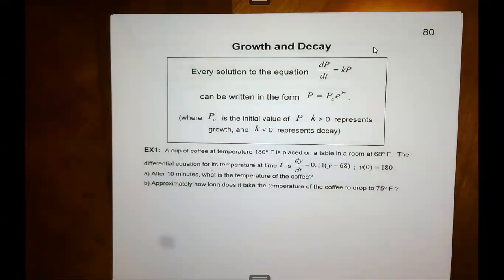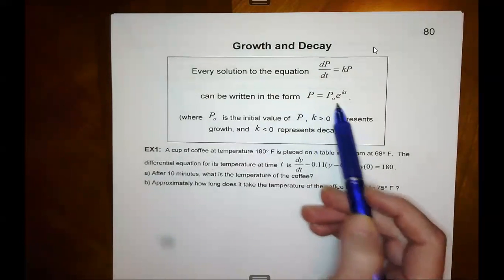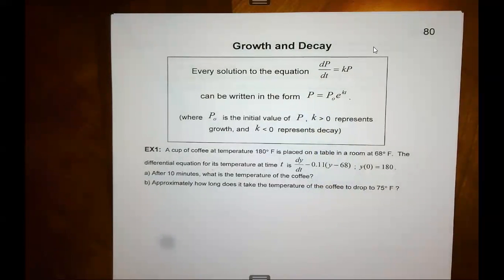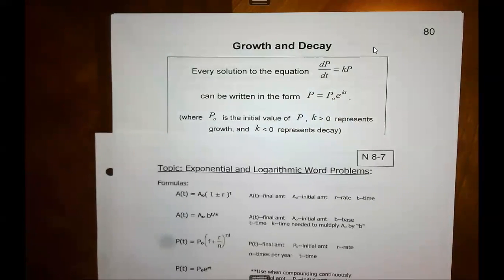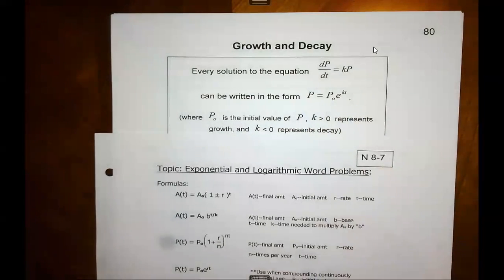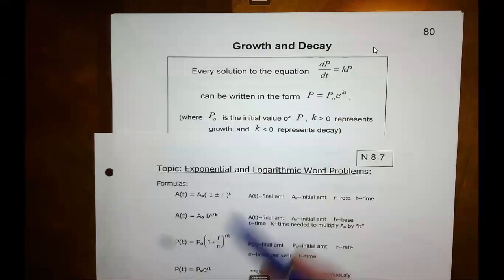So that same formula that we end up with is a formula that you guys used in pre-cal. So over a year ago, we had these notes in pre-cal, 8-7 notes, and we had all of these formulas that we use for word problems for exponential growth or decay.